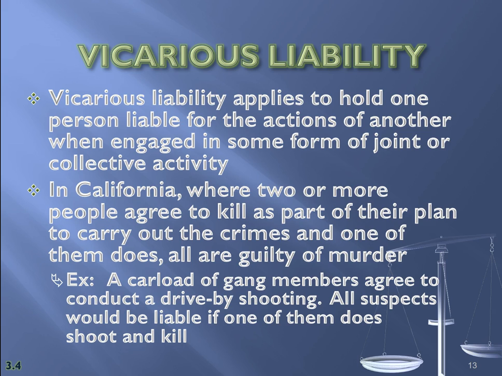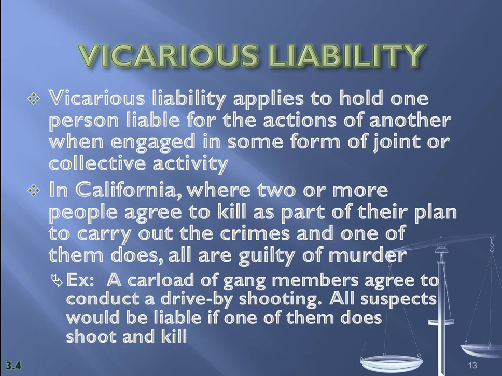Vicarious liability applies to hold one person liable for the actions of another when engaged in some form of joint or collective activity. Now, in California, where two or more people agree to kill as part of their plan to carry out their crimes and one of them does, they are all guilty of murder.